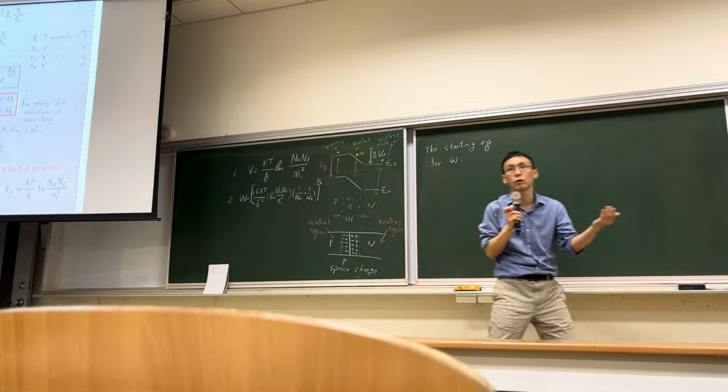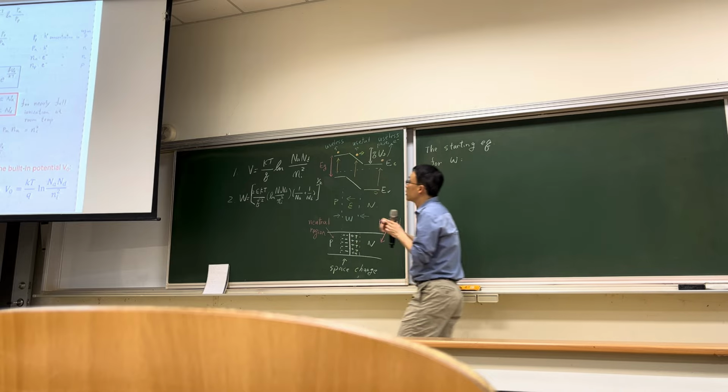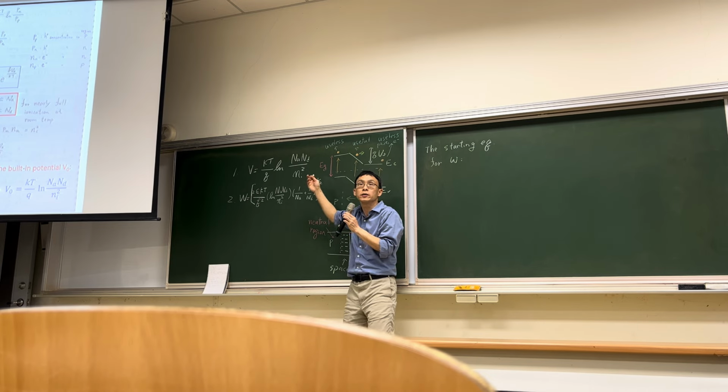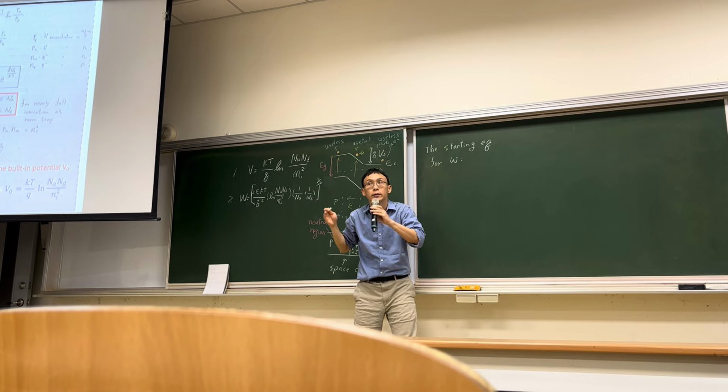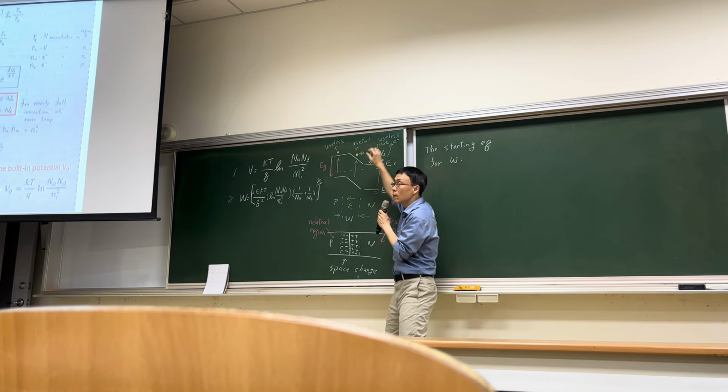There's a reason we do this first, because the width of the depletion region is related to the contact potential, right?